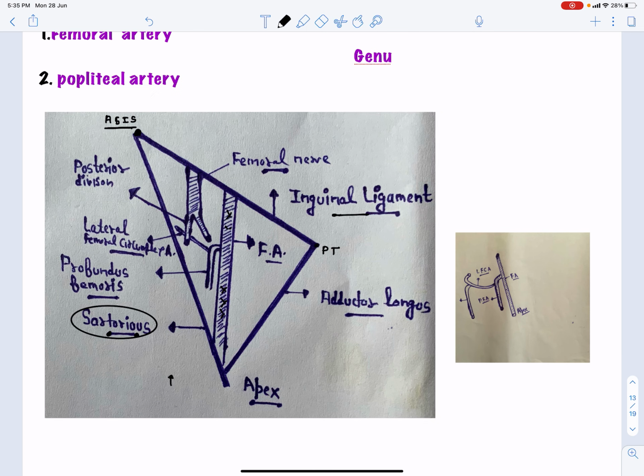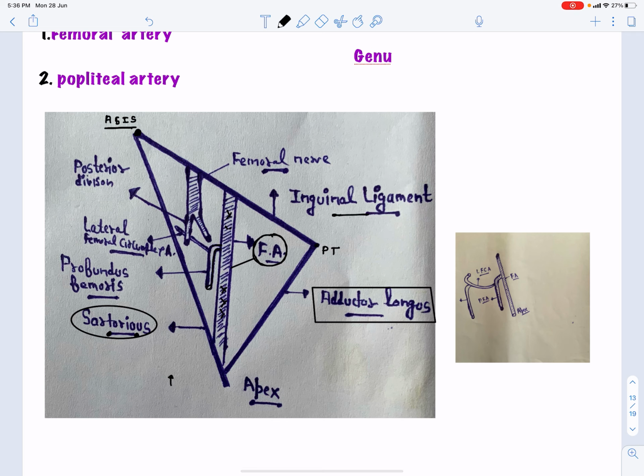Now, as we know, inside the femoral triangle, our femoral artery. Which artery? Yes, please, our femoral artery. So this is the femoral artery here. So inside the femoral triangle, our femoral artery gives rise to one branch here, this one, the profundus femoris artery.